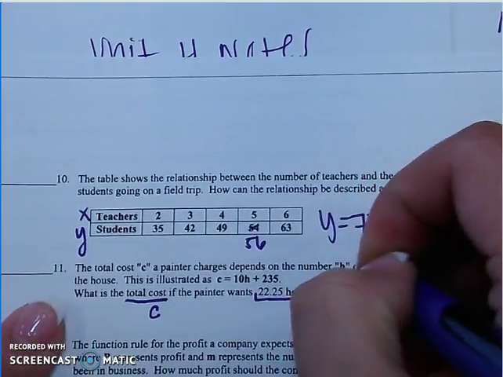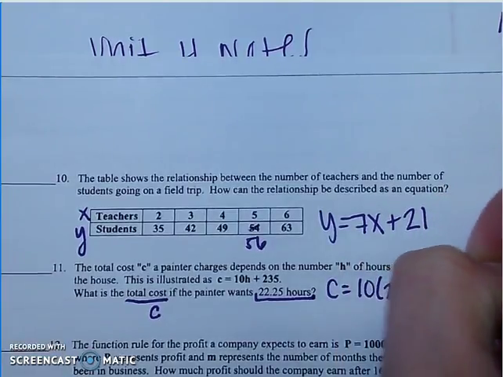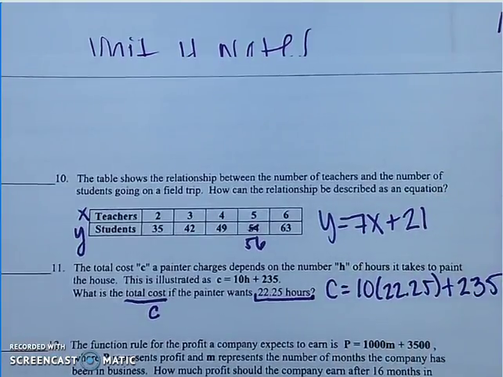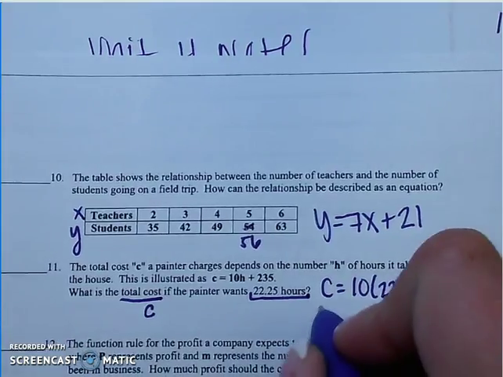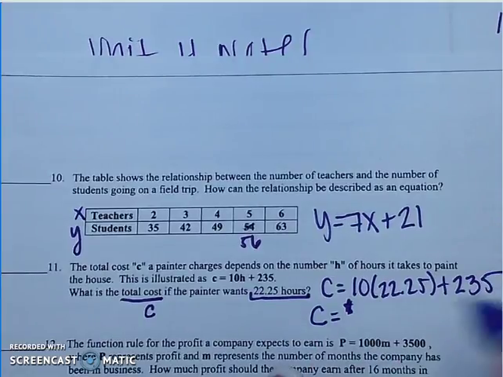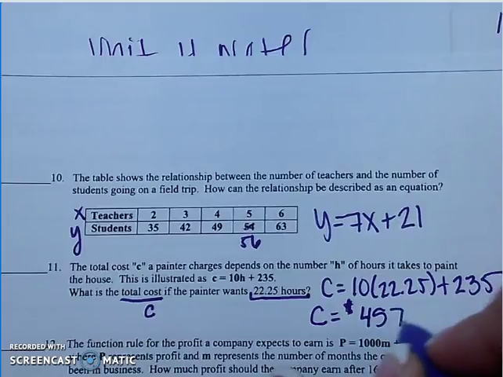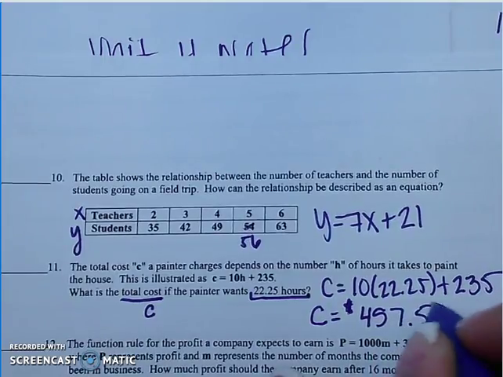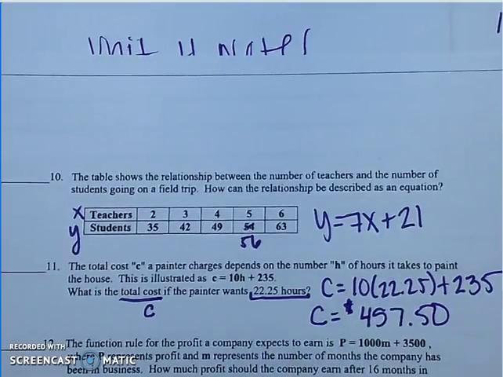C equals 10 times 22.25. Don't forget to add that $235. So 10 times 22.25, just moving that decimal over 2 places, plus 235. That cost for that amount of time will be $457.50. Just plugging in that number for H, giving me the cost.